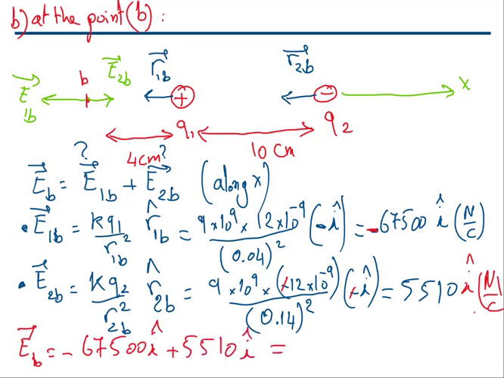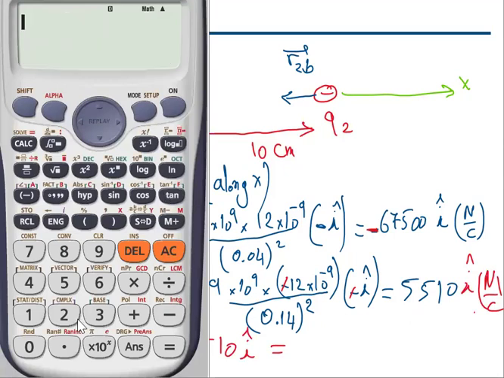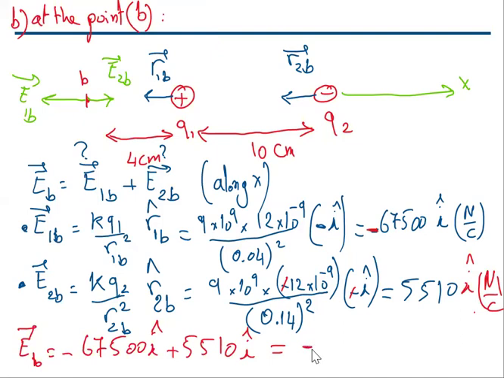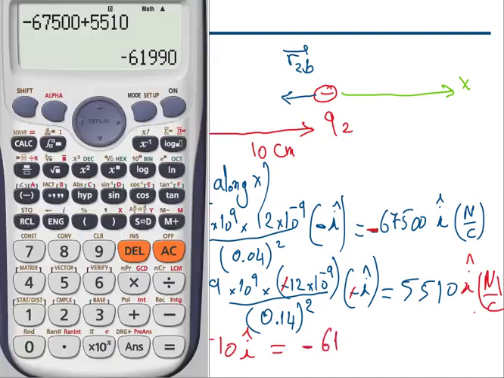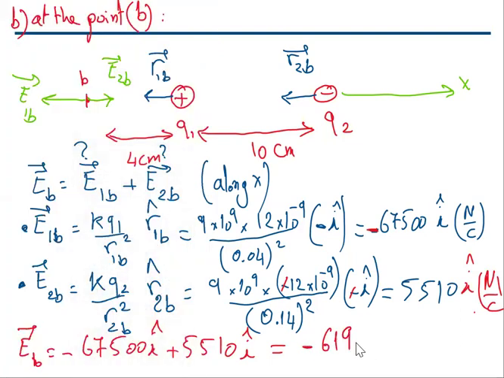So what's going to be the result? Okay, it's minus 67,500 plus 5,510. So our result would be minus 61,990 i.